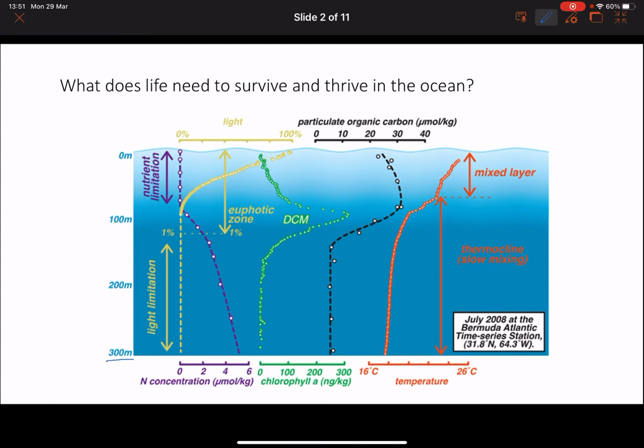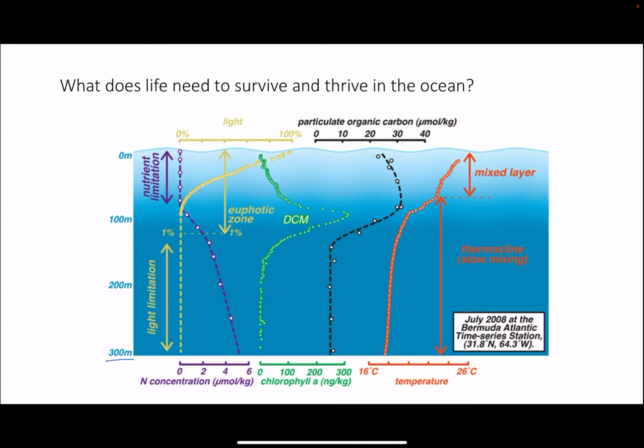Except that this light is absorbed and scattered in a way that not a ton of it penetrates. You can see this yellow line here shows light penetration, so 100% at the surface. And by the time you hit 100 meters, you're already at 99% of the light has been lost and only about 1% of it penetrates. And so a lot of what controls the ability of things to grow in the surface ocean is driven by this light or this lack of light.